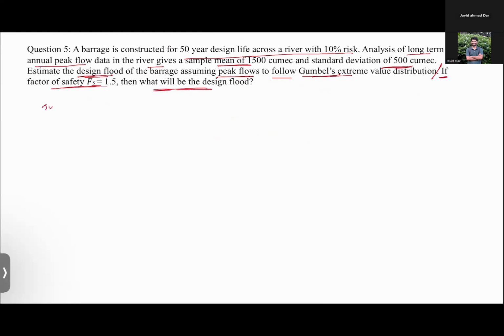So I will first write what is given to us. You have a mean of 1500 and a standard deviation of 500 cubic meters. Now your risk is 0.1, and this risk I can write as 1 minus (1 minus 1/T) whole raised to the power n.